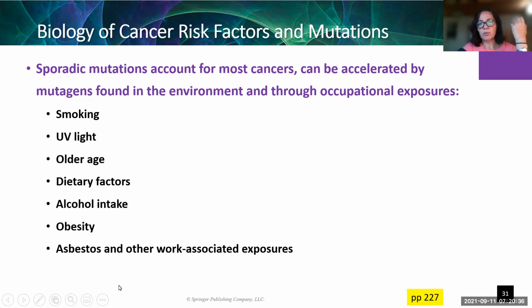One of the things that I want to point out, though, is that the cancers that develop as a result of some of these insults are not always obvious. So for example, smoking, yeah, lung cancer, huge surprise, pharynx, but also kidney, ureter, bladder cancers are associated with smoking.